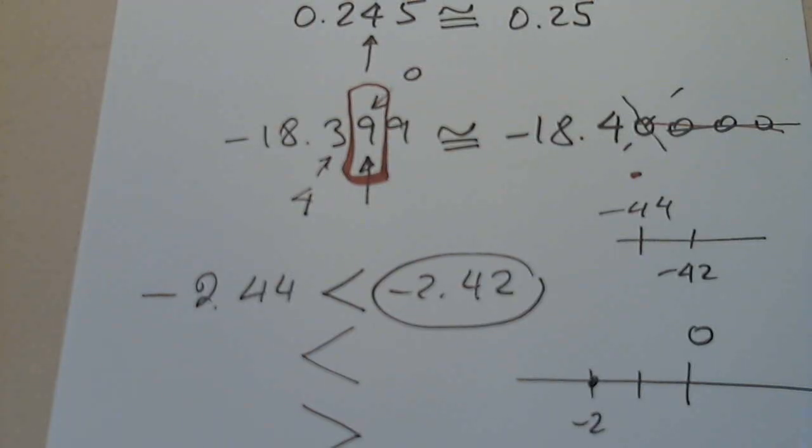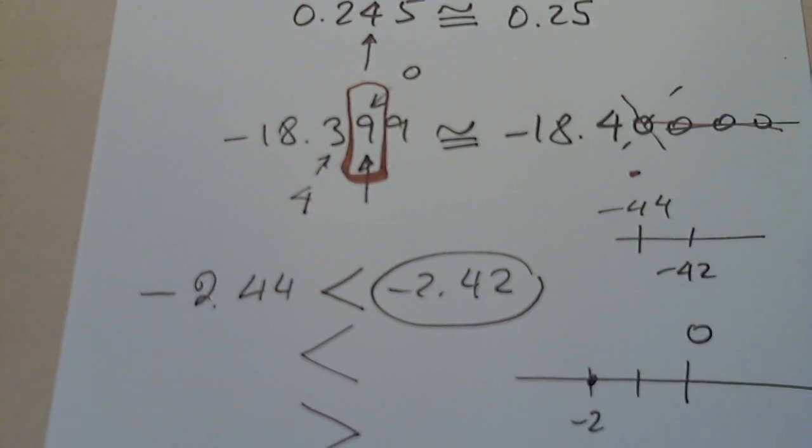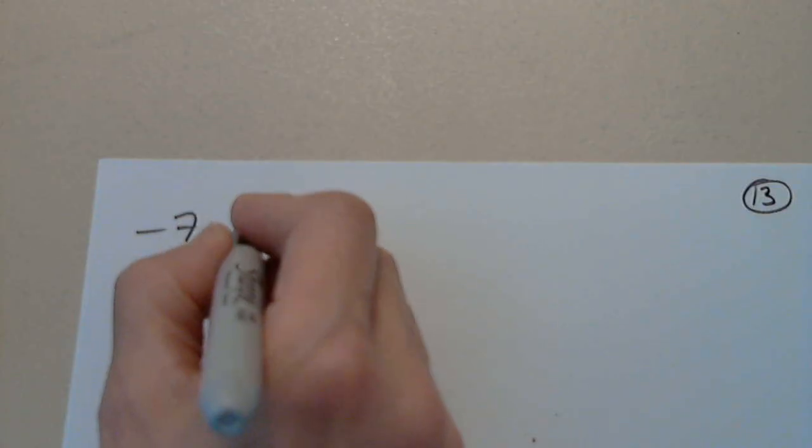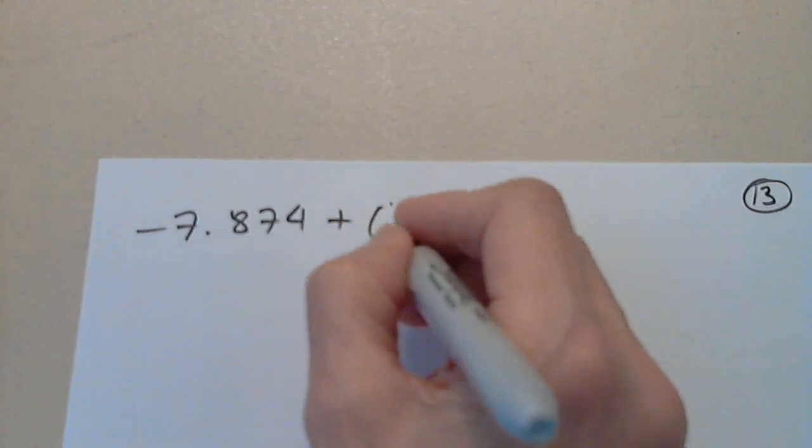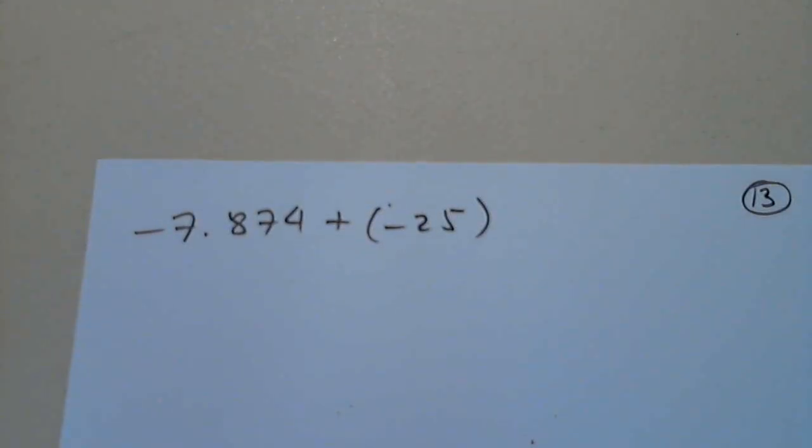Okay, so let's talk about adding and subtracting decimal numbers, or a mixture. We have negative 7.874 plus negative 25. We always take care of the signs first, right?